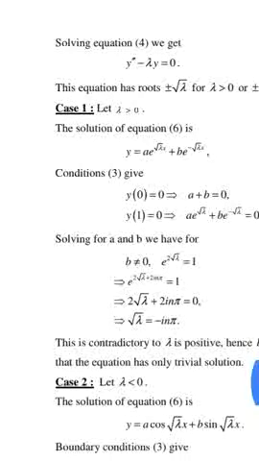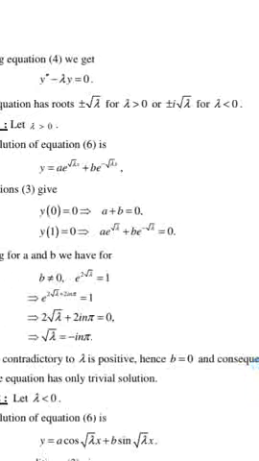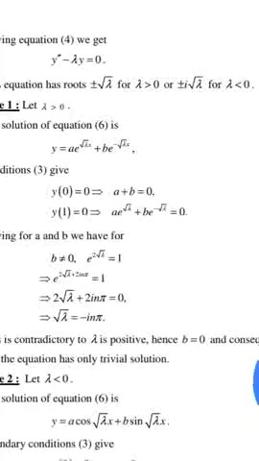Conditions: y of 0 is equal to 0, therefore a plus b is equal to 0. y of 1 is equal to 0, therefore a e raised to square root of lambda plus b e raised to minus square root of lambda is equal to 0, and solve for a and b.